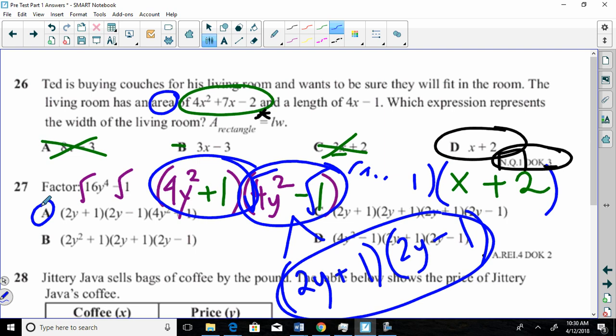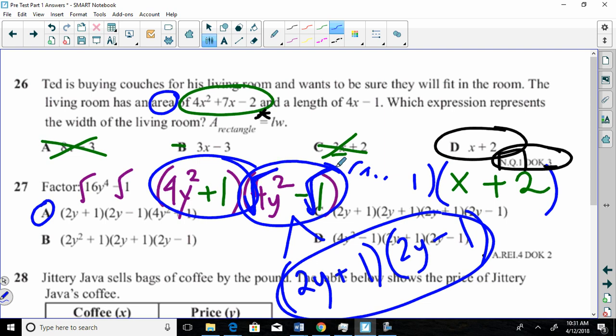You get what I did? Wait, what did you do? The second one, what did you do? I saw it. Okay, well, this answer's not there, so I know I have to do something more. And so I looked at this and I saw, okay, actually 4 and 1 are perfect squares too. So I did that same square root trick.